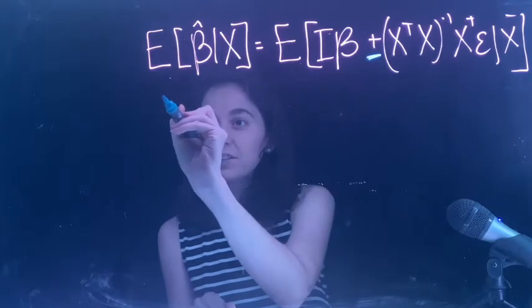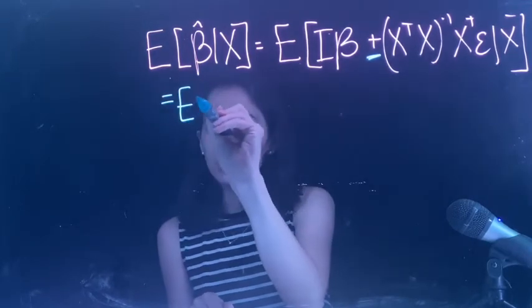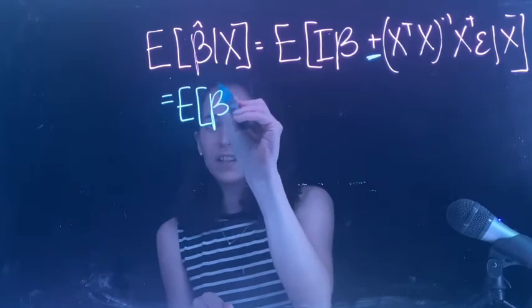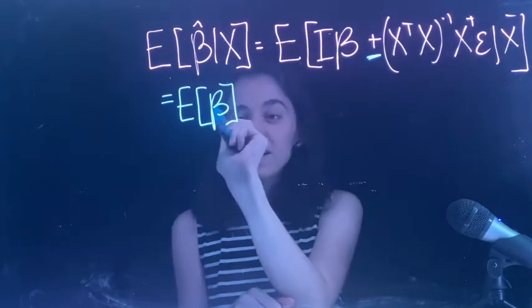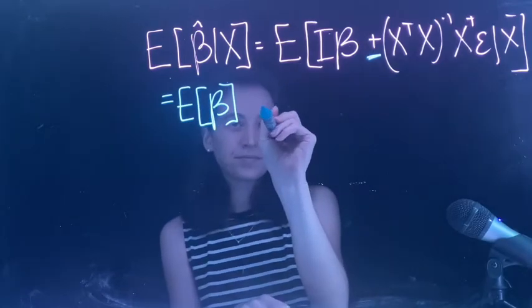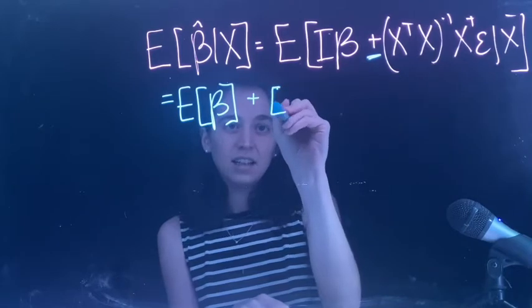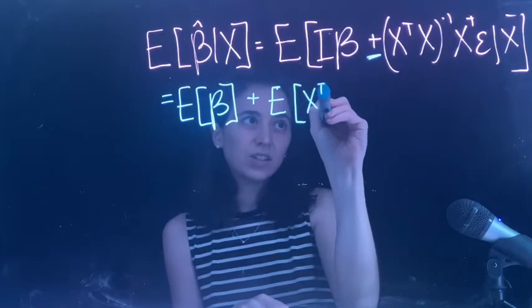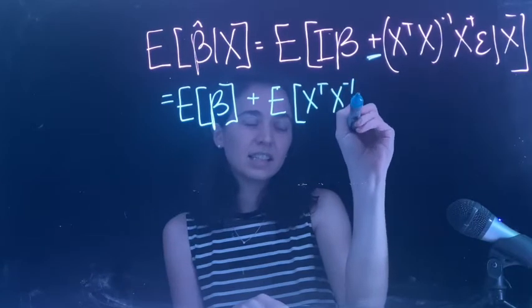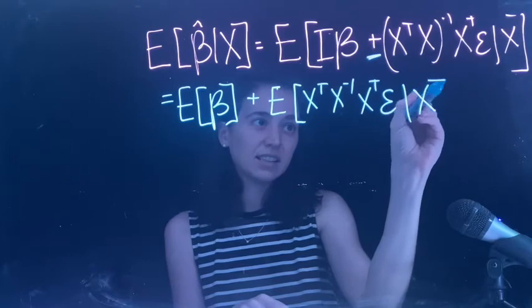So I'm going to use that first rule here, and I can just call this beta, because if we multiply beta by the identity matrix, we just get beta. So the expectation of beta plus the expectation of (x transpose x) inverse x transpose epsilon given x.